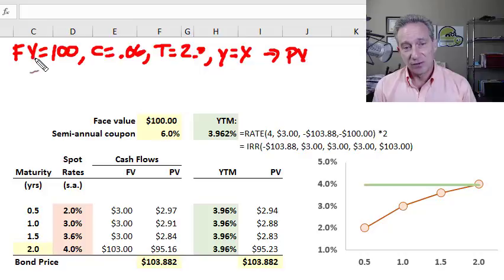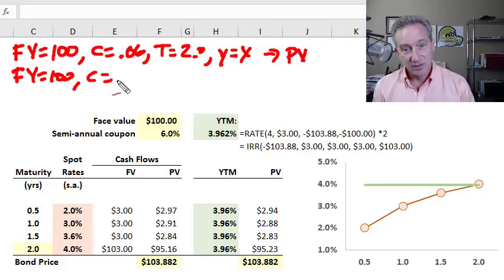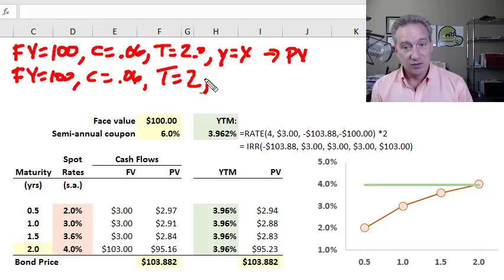So in a shallow sense, when we compute the yield, really we're just providing the present value as an input and solving for the yield. It's just a subtle shift here, right? We take future value of 100, coupon rate of 6%, the number of years is 2, and when solving for the yield, we would provide the present value as the input.